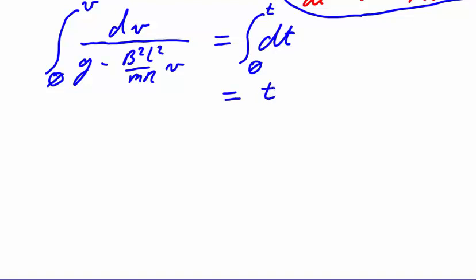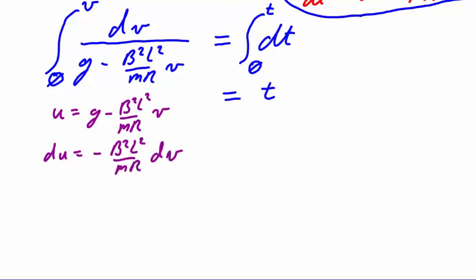The left side will take a little bit more work. We will use a u substitution in which u is equal to g minus b squared L squared over mr times v, and therefore du is equal to a constant times dv. This means that we can substitute for both the numerator and the denominator in our integral to make the numerator in terms of du and the denominator in terms of u.